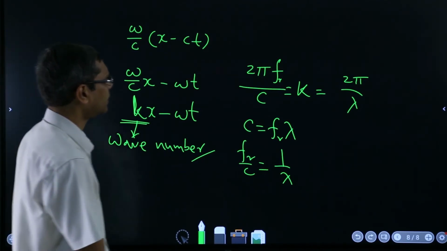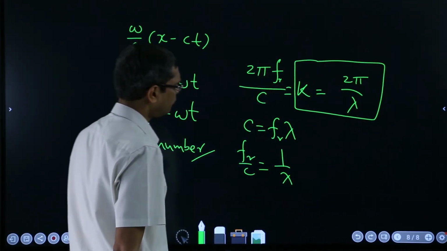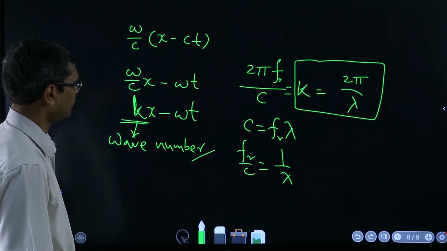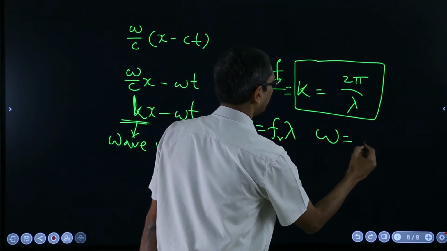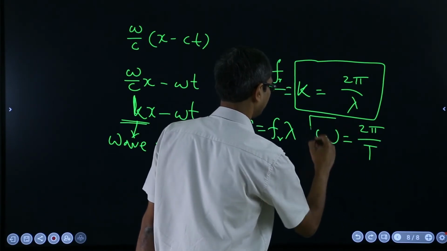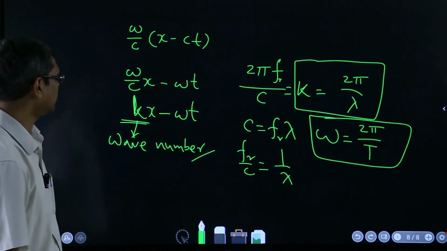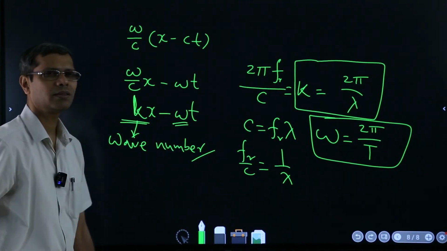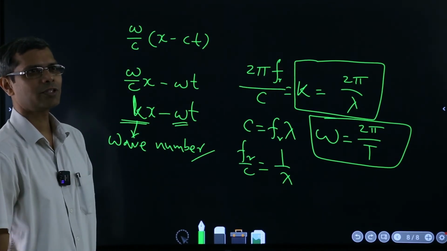So compare this with omega, which is what? 2 pi over T. So this wave number is like the angular frequency for space.